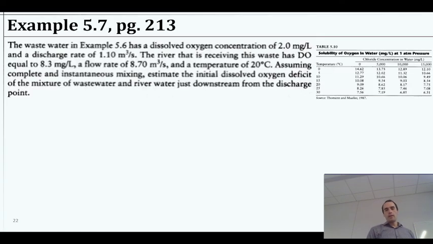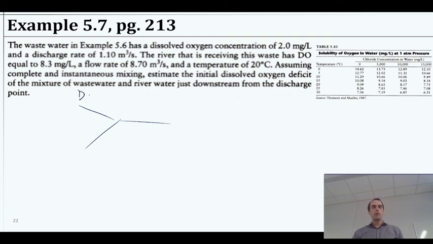Okay, so here's an example. I think what I'm going to do for you is let you off a little early for Thanksgiving. This first example is really just asking us to estimate the dissolved oxygen of a mixture of two streams. So this is kind of starting off on the easier side of stuff.